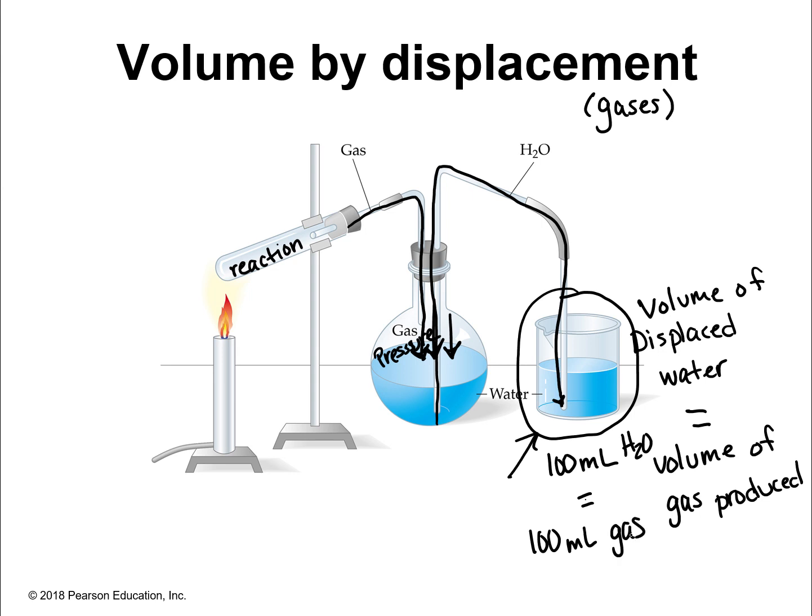It's just an example. It can be whatever you want it to be. But if there was 95 milliliters, if there was 10 liters, then whatever number that is for the water, it's the same for the gas.